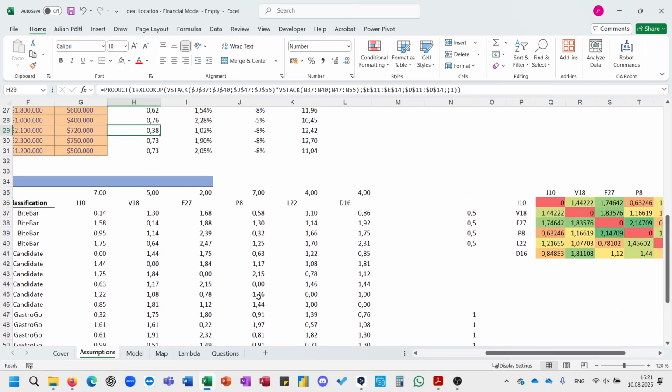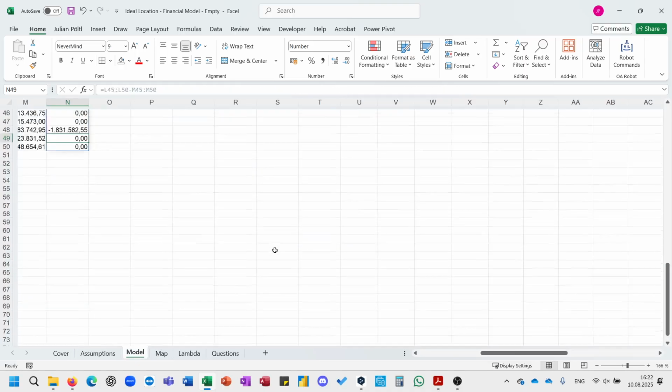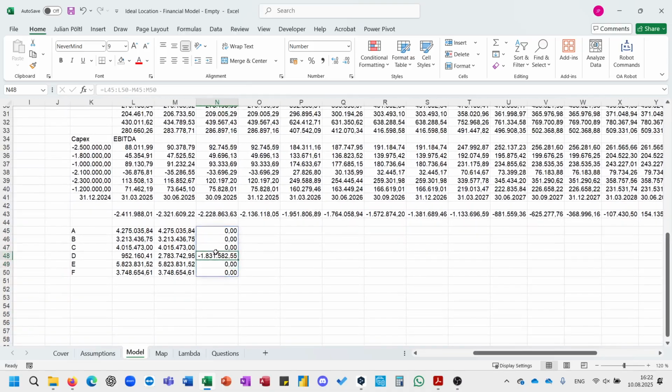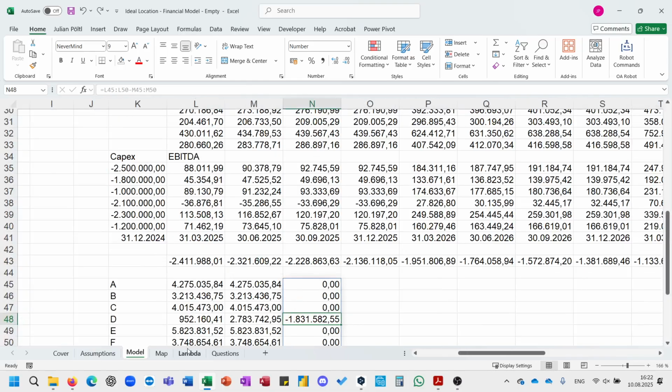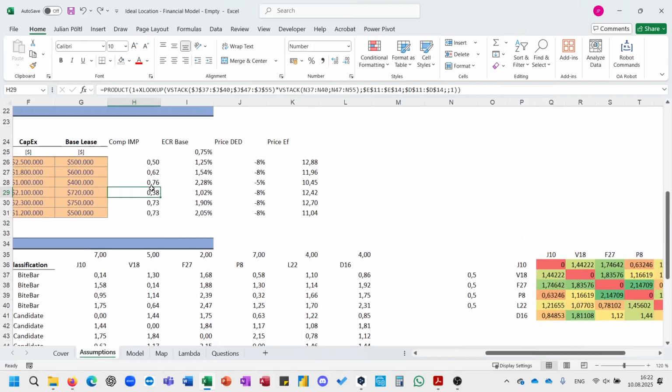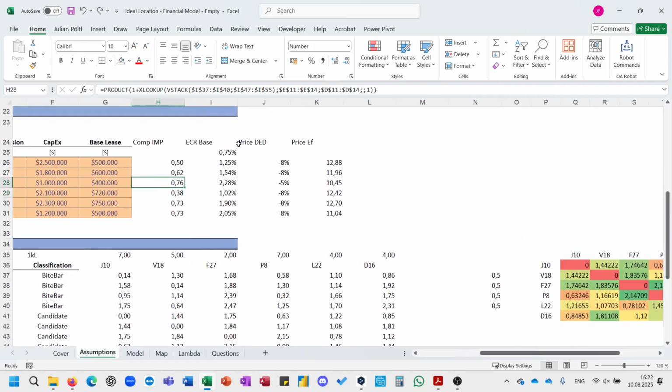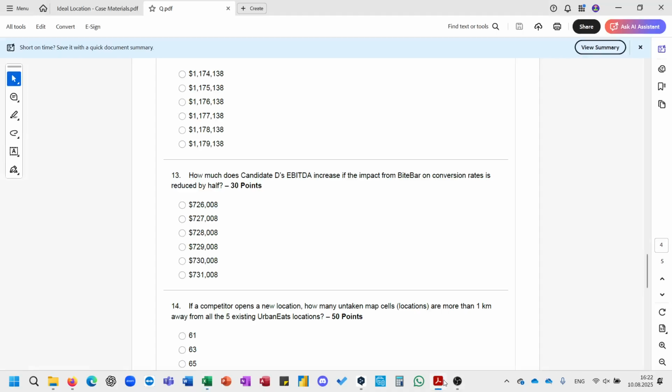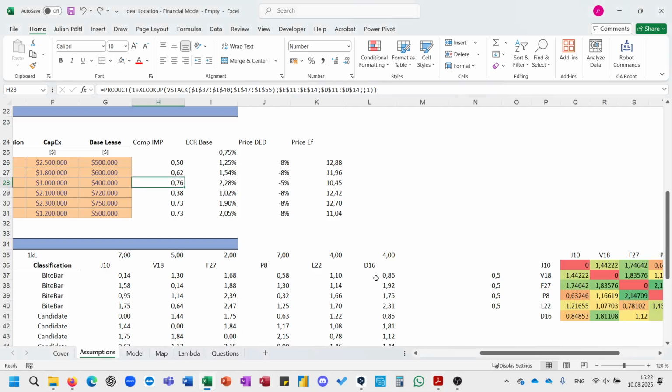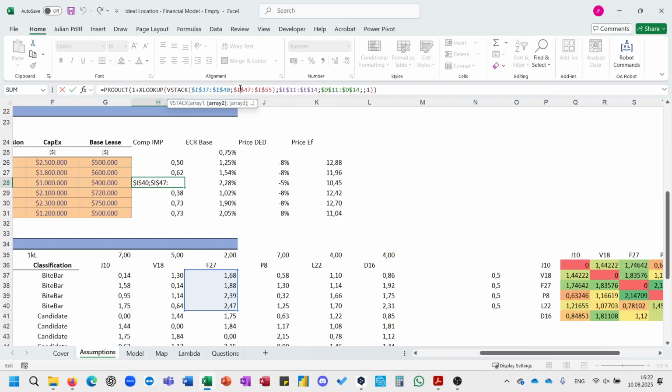Now let's take a look at the model. Also impact is 1.83. Okay, might be something about 700,000, and I got to this number with another calculation, so it might be that this time I've changed my calculation method, so I need to adjust it now.